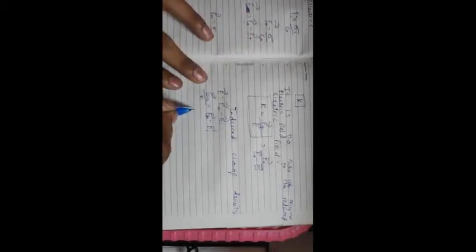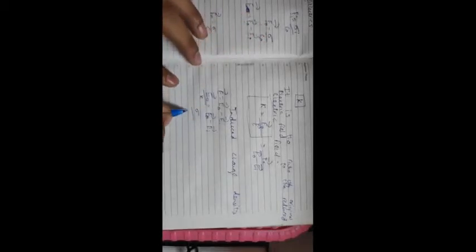So I can write here E0 equal to sigma upon epsilon naught. Sigma upon epsilon naught, with K coming here, is equal to sigma upon epsilon naught minus sigma I upon epsilon naught.